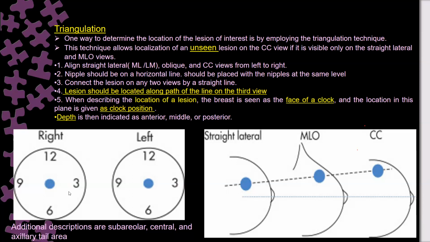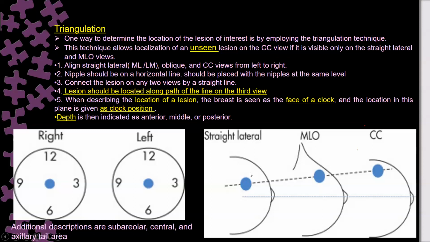It depends on whether it is on the right or on the left, for example medial 10 o'clock. You have to describe it by clock position, and make sure, as I mentioned before, at which depth, that we are talking about the same lesion. We might talk about something in the posterior third in one view and in the anterior depth in the other view. Definitely this will not be the same lesion.